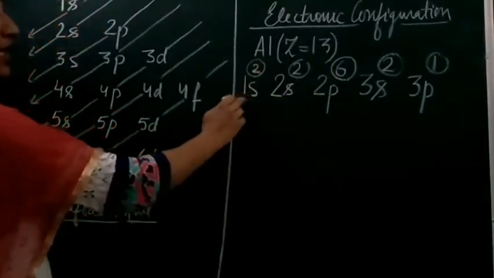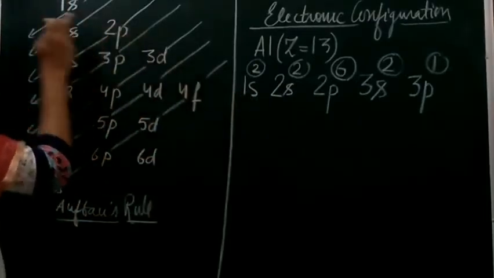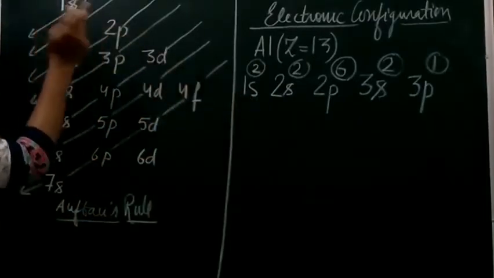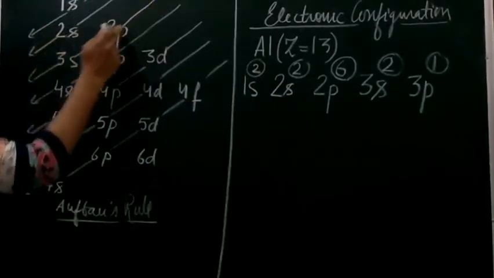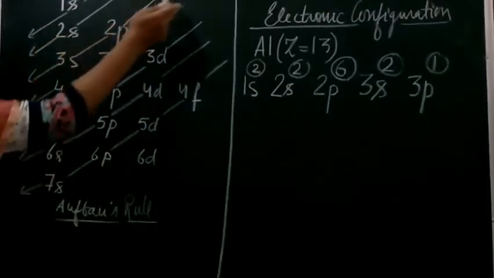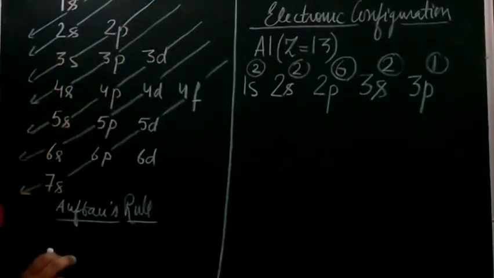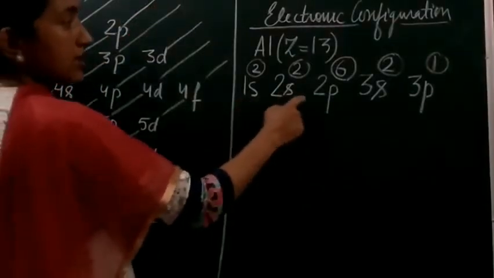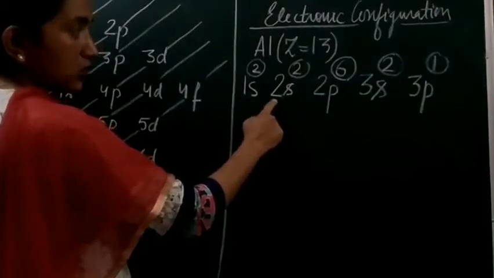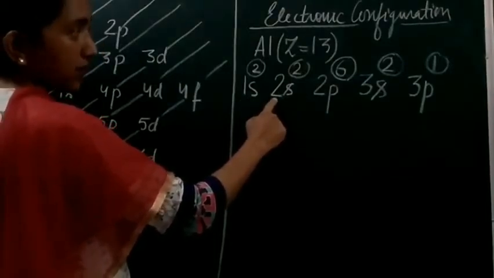So here you can see that in aluminium, first I got the 1s subshell filled up, 2, then came the turn of 2s, then 2p, then 3s, and then 3p. Right, student? This is for the aluminium. So I think now it is clear that the first number indicates the principal quantum number.